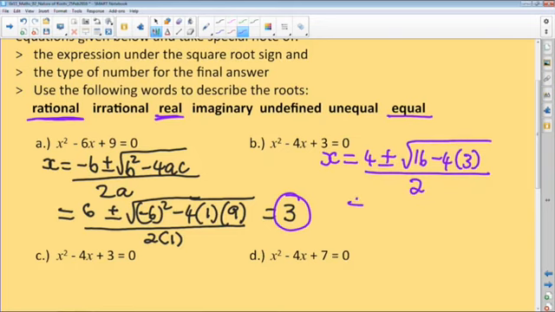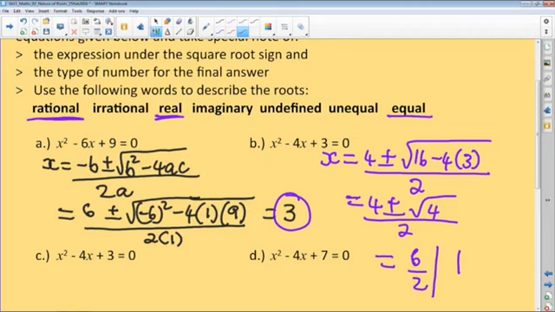Then we get 4 plus or minus the square root of 16 minus 12, so you've got a 4 there, all over 2, which gives us 4 plus or minus 2, that's 6 over 2, which is 3, or 4 minus 2, which is 2 over 2, and that's 1. So watch what's happening here, guys. You're getting x equals 3 or x equals 1. So you've got two roots for this particular quadratic equation.